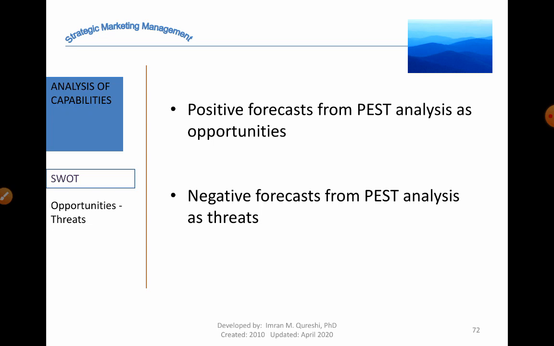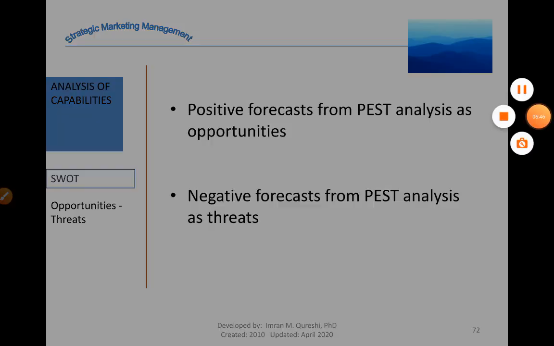We get our forecast from our PEST analysis, in all four areas: political, economic, social, technological. We would look at all the forecasts from there, and analyze whether they are positive or negative for the company. The positive forecasts will be taken as opportunities, and the negative forecasts will be taken as threats.